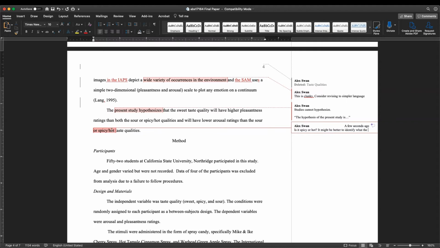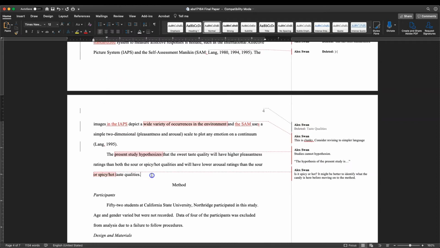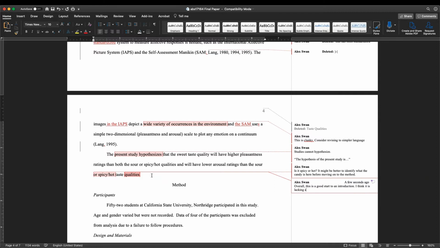And then in this final paragraph, I mention that studies cannot hypothesize. So another way to write that is pretty important. And then I do have an issue with my previous use that I would not let fly these days as an instructor of experimental psychology, the idea of what a spicy/hot taste is, because again, that's just a term that just came out of nowhere.